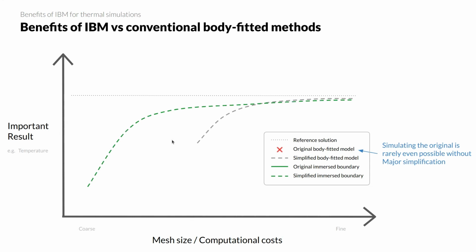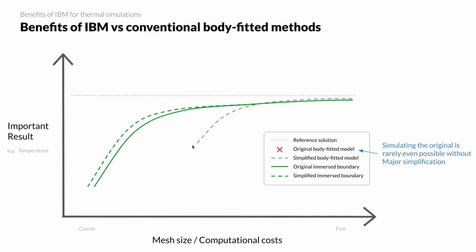That is different if we run the simulation with the IBM, in this case also on the simplified model. We can run the simulation with much coarser resolutions because we are not caring about these geometrical details. So we're just getting a bit coarser on the physically relevant parts. And at some point, obviously, our solution will become physically not so relevant anymore, so we're just going too coarse, but there's still a reasonable range that we can really use and run many simulations or test.